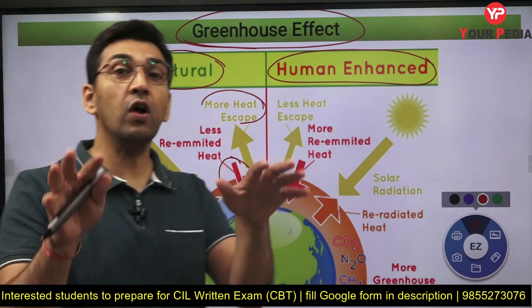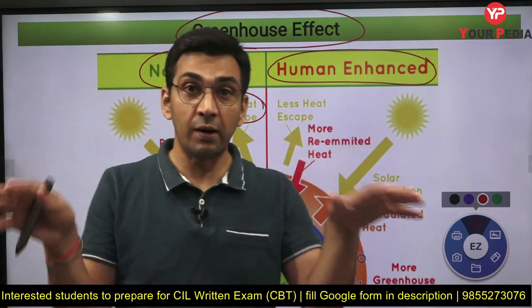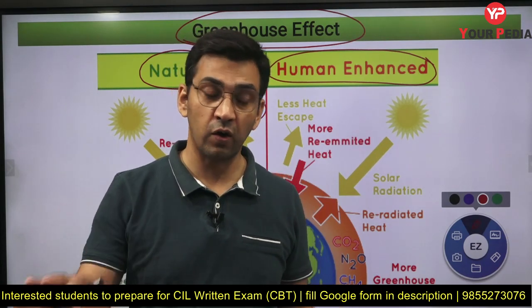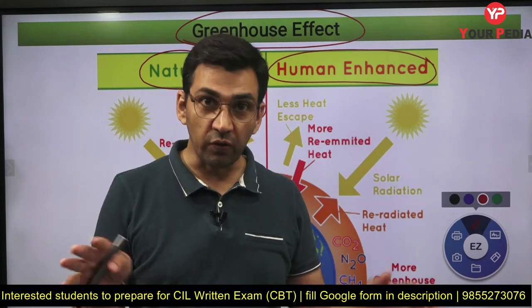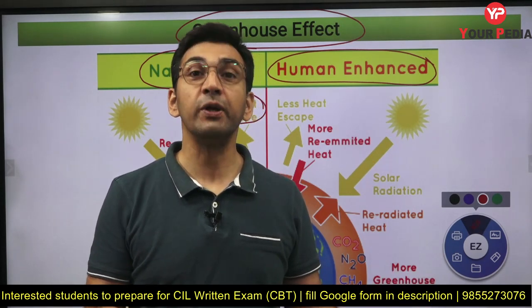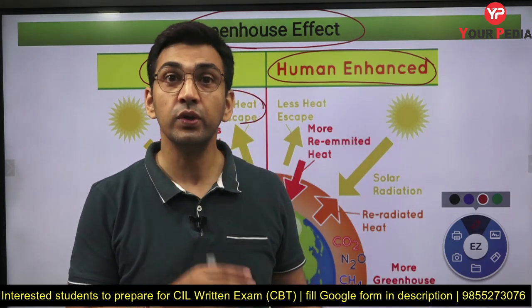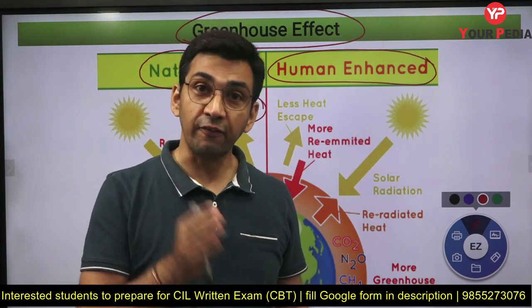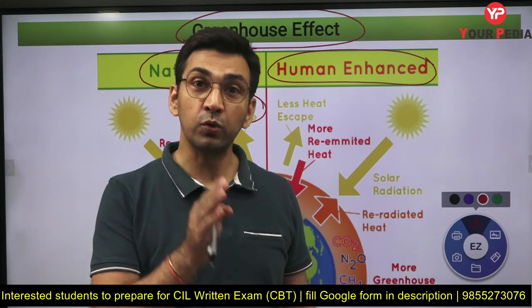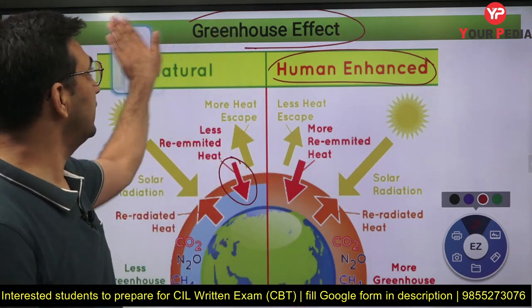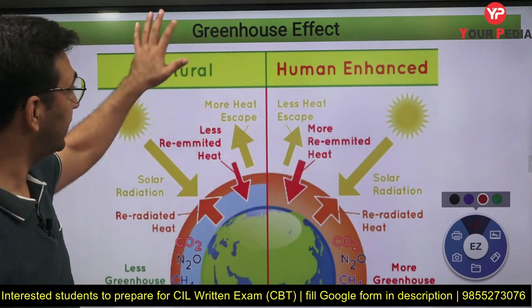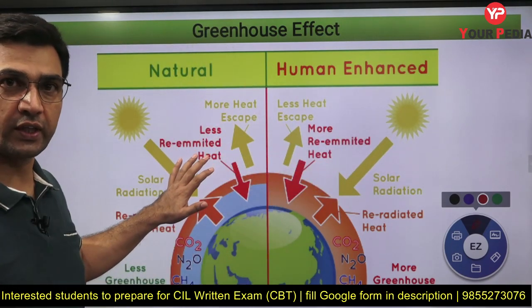That means the warmth of the Earth's atmosphere is maintained. Otherwise, it would not have been livable. It would not have been possible for you to live here had this phenomenon not been acting. So if I ask you, is the greenhouse effect required or not? You will say definitely the greenhouse effect is required, but to the extent that it happens naturally. For that, I definitely need the greenhouse effect, and that was always there.